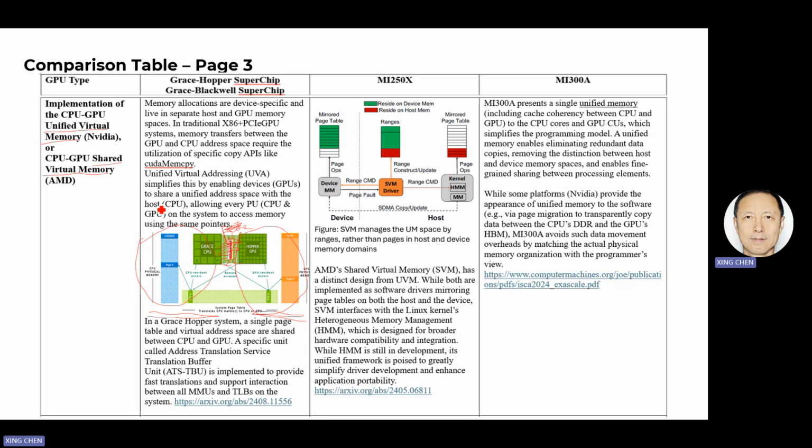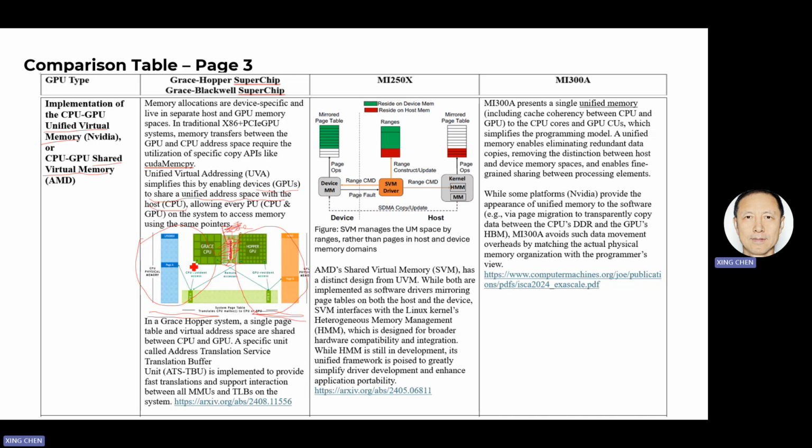It is up to GraceHopper and MI300. The programmers don't need to do the copy in and the copy out because unified virtual address simplifies this by enabling devices, GPUs, to share a unified address space with the host CPU, allowing every PU, CPU and GPU on the system, to access memory using the same pointers.